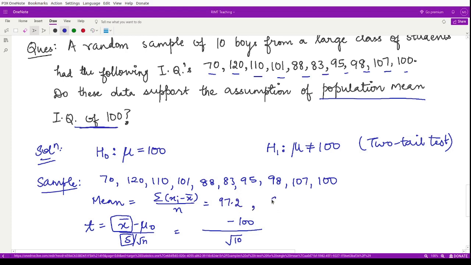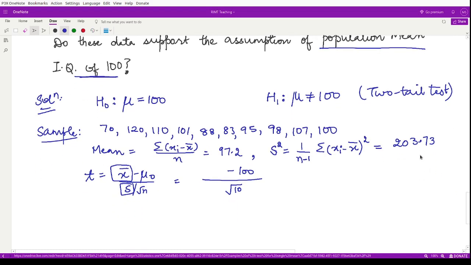And moreover, your standard deviation, what would that be? Or I may compute the variance here, it would be given by the formula 1 divided by n minus 1 into summation of xi minus x bar whole square. So when you compute this, you will get 203.73.